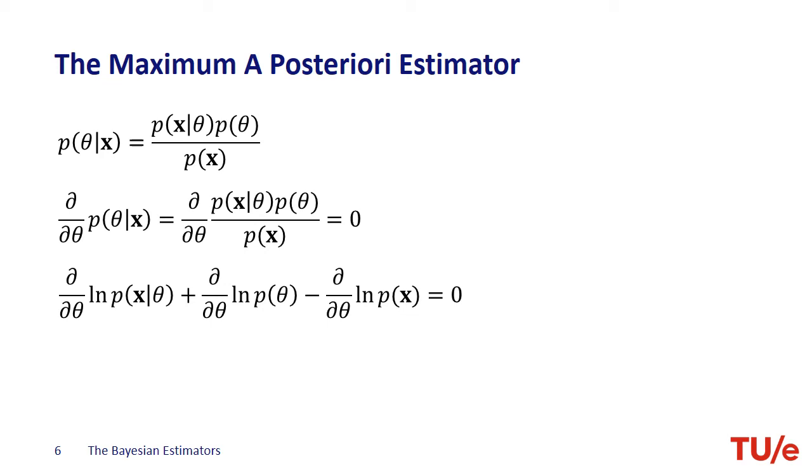The derivative of its logarithm with respect to theta is simply 0. So, we are left with the task of taking the derivatives of the likelihood for the data, that is the PDF of the data conditioned on the parameter theta, and the a priori probability density function for theta. Solving the sum of the partial derivatives for 0 yields the MAP.